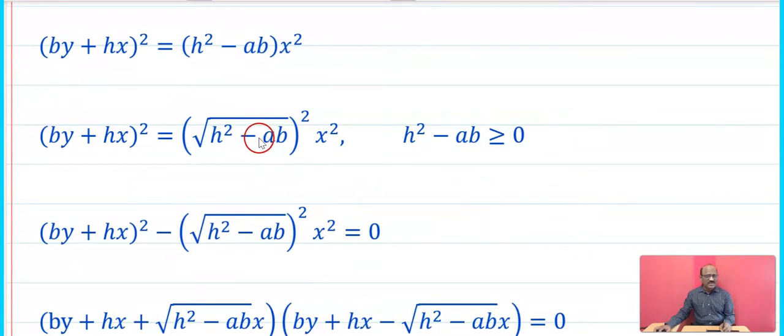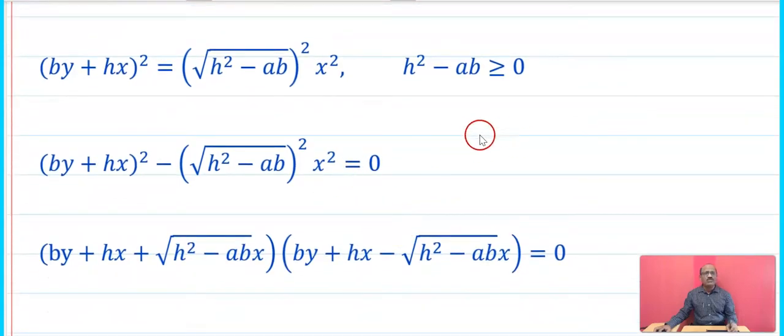Now again this can be written as (by + hx)² minus, bringing this term to the left hand side, (√(h² − ab))² x² equals 0.